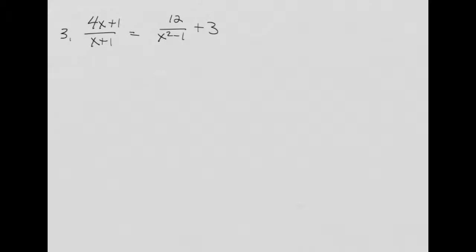Okay, let's work another example. For this particular problem, we have two denominators. One is x plus 1. One is x squared minus 1. So let's work on the denominators and see what our LCD is going to be.